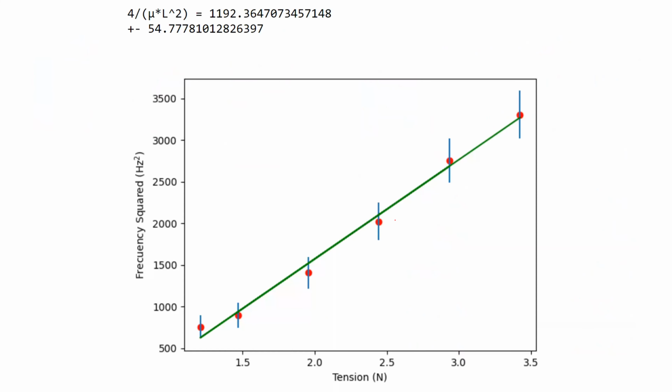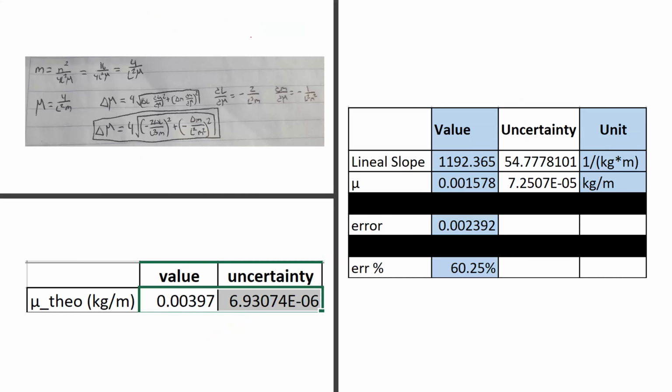So here is our graph. As you can see, the values do follow a linear path. Not exactly, but it includes their error bars. So here is our value for the slope, which is this number right here, as well as the uncertainty, which was calculated using the uncertainty calculator on the program Python.